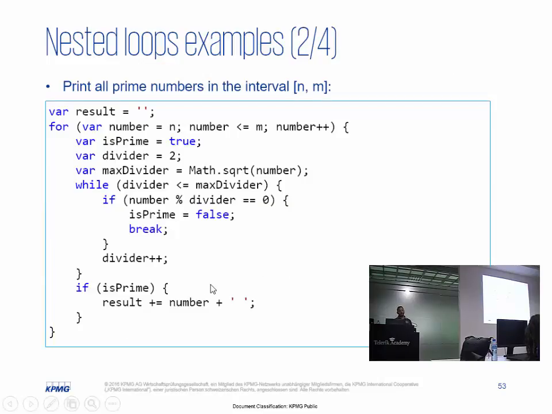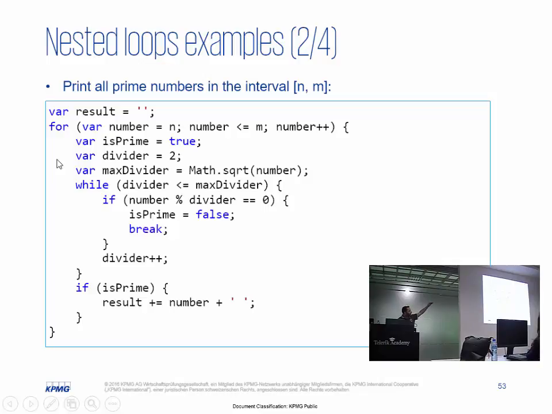Again, print all the prime numbers in a specific interval. So we've seen a way to catch the prime number by trying to divide and see if there's any number between 2 and a max divider which leaves no remainder. So this is what's happening in the inner loop here. But there's also the outer loop that will check all the numbers between n and m, and on those it will run this loop. So all these variables that live inside the scope and the closure of this bigger loop will get re-evaluated every time.